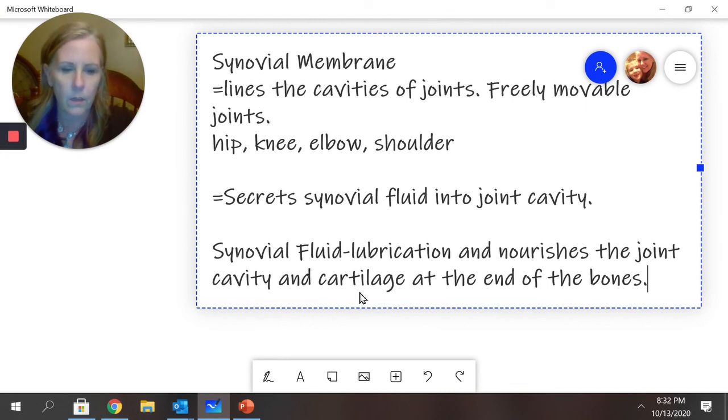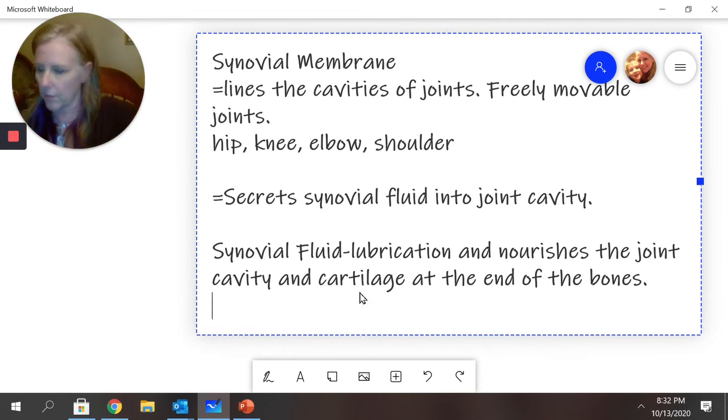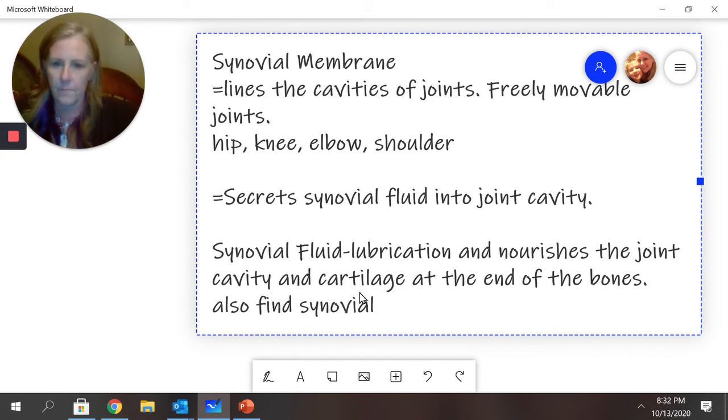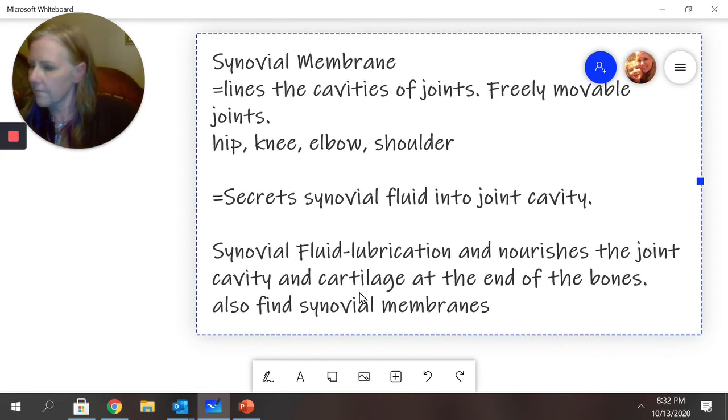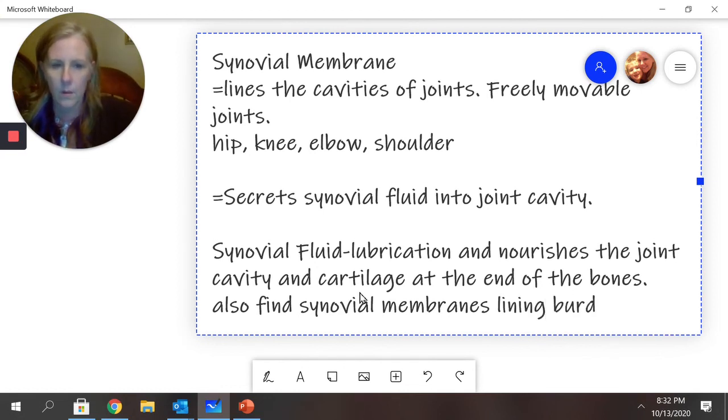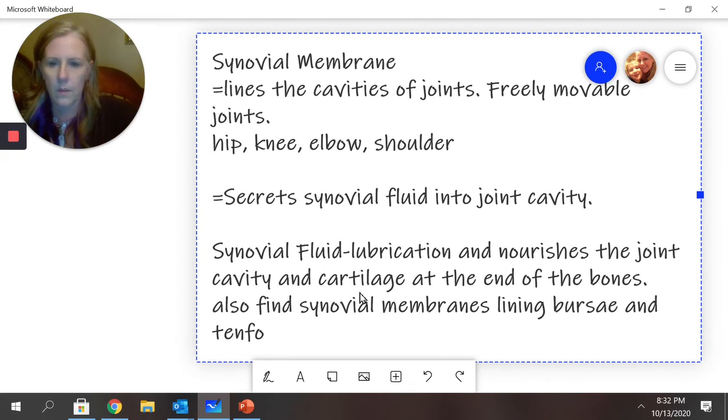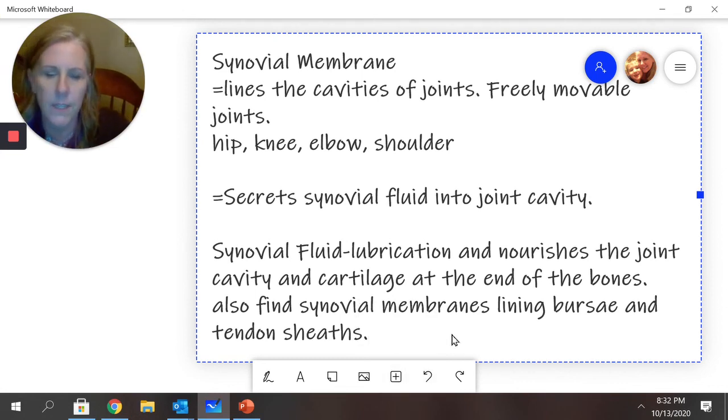Now, we also find synovial membranes lining bursae and tendon sheaths.